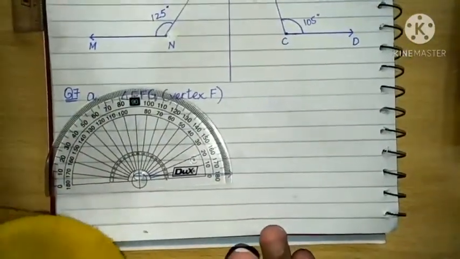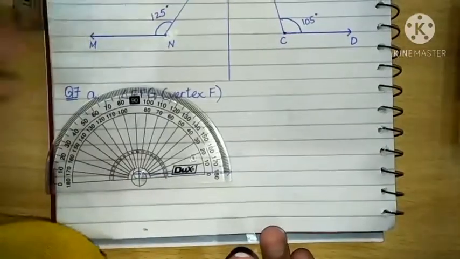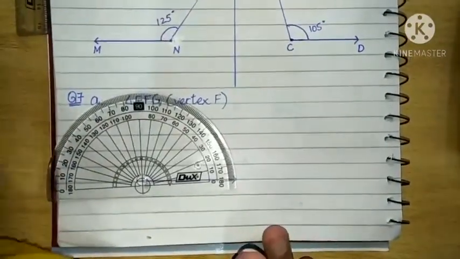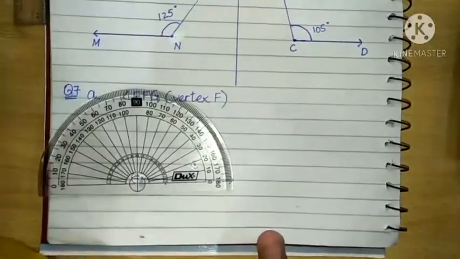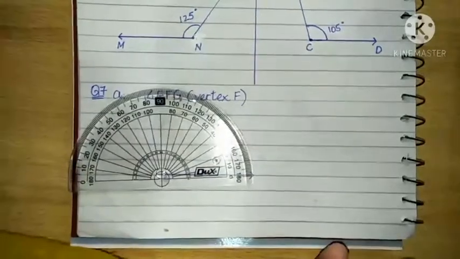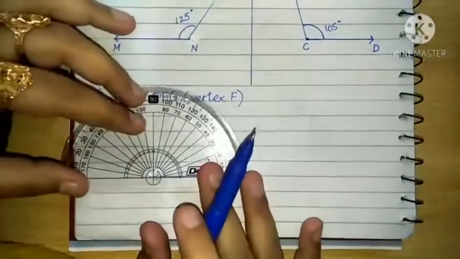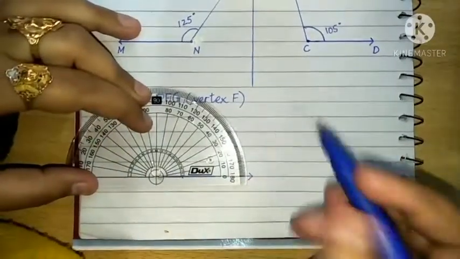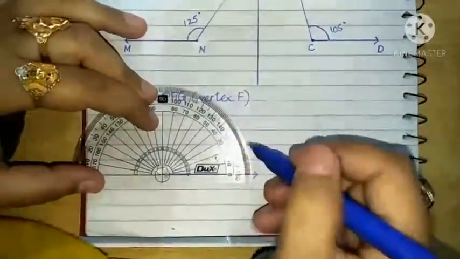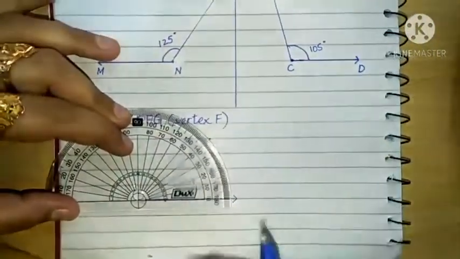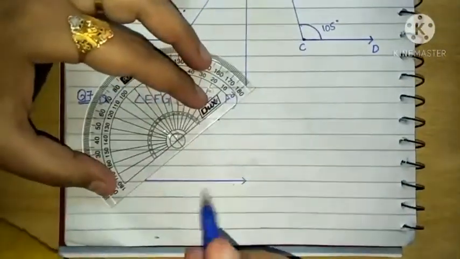Either you can draw an obtuse angle, reflex angle, acute or right angle, or any measurement not given. So we are free to draw any type of angle, any measurement of angle. You can use a scale or a protractor as per your choice. I'm going to use the protractor because I want the readings to be accurate. If I want to draw 40 degree, 50 degree, 30 degree, I will draw it randomly, or I will mark a point on 40 degree so that I can draw the angles.